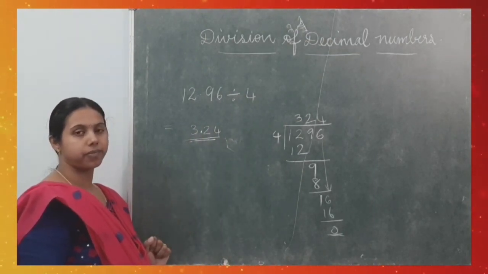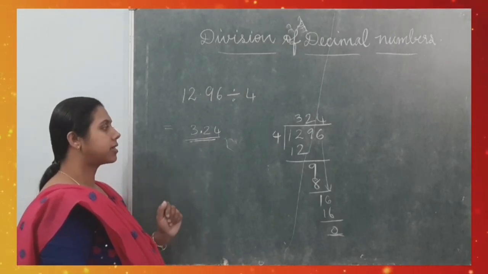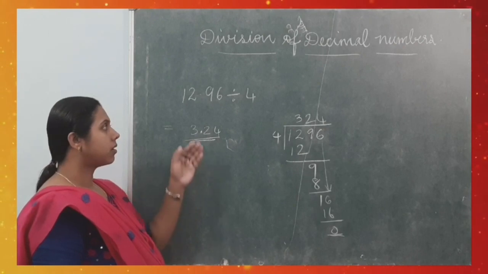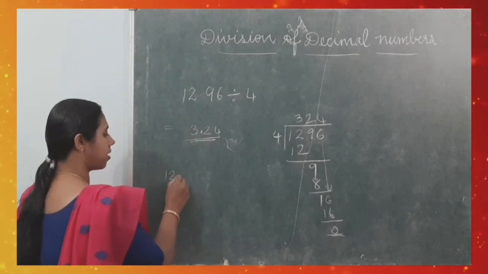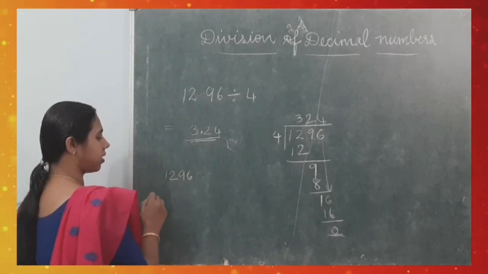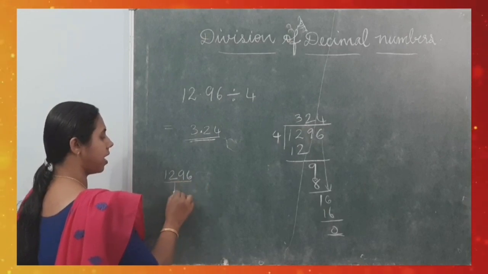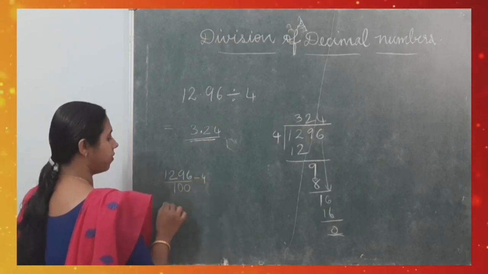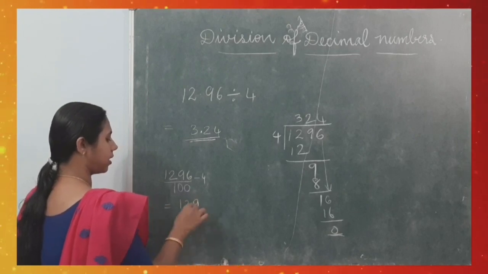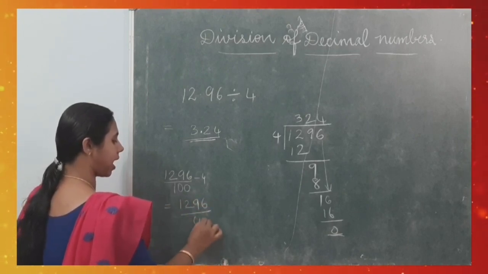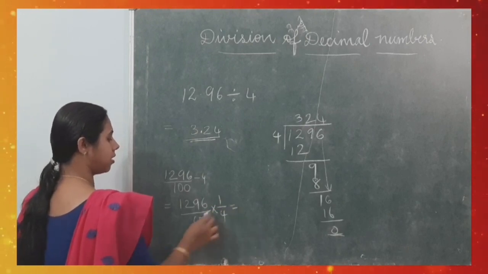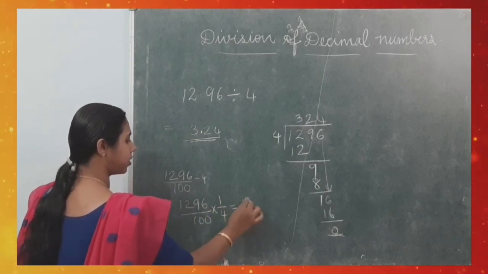3.24. You can verify this answer by using the fraction method. 1296 by 100 divided by 4, which is equal to 1296 by 100 into 1 by 4, which is equal to 324.